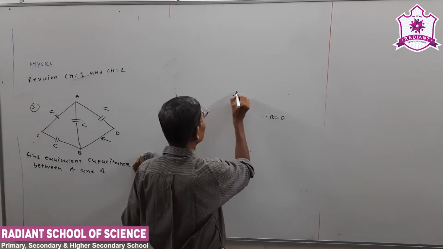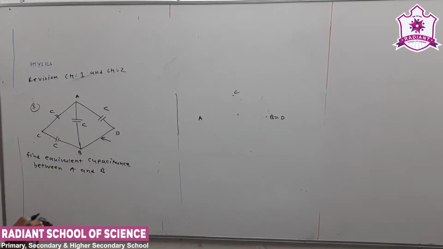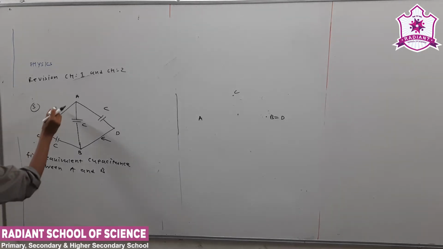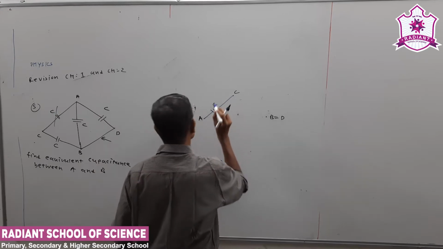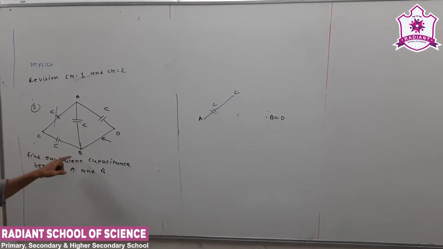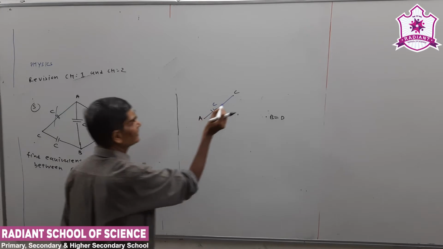So what is left now? A, B, C and D. If we draw the equivalent circuit, between A and C there is a capacitor. Between B and C there is a capacitor.